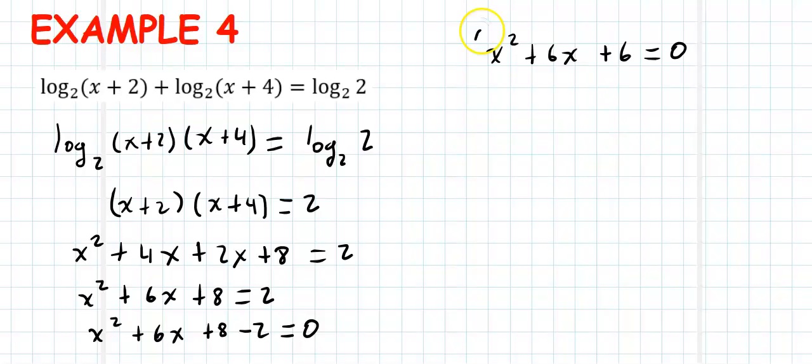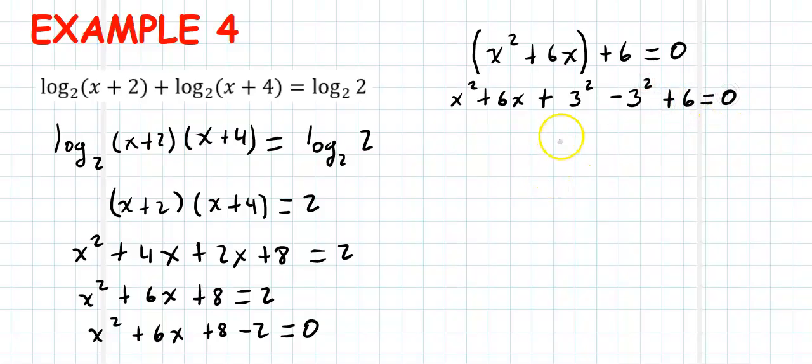In this case, we are going to group x to the second power plus 6 times x, and we are going to form a quadratic trinomial. So this is x to the second power plus 6 times x plus (6 divided by 2), 3 to the second power, and we need to subtract the same expression, 3 to the second power, plus 6 equals 0.